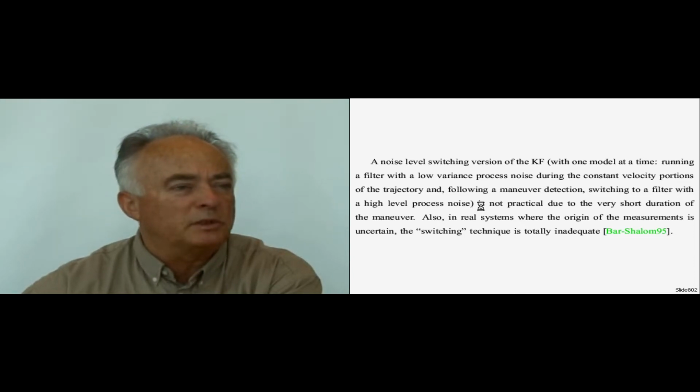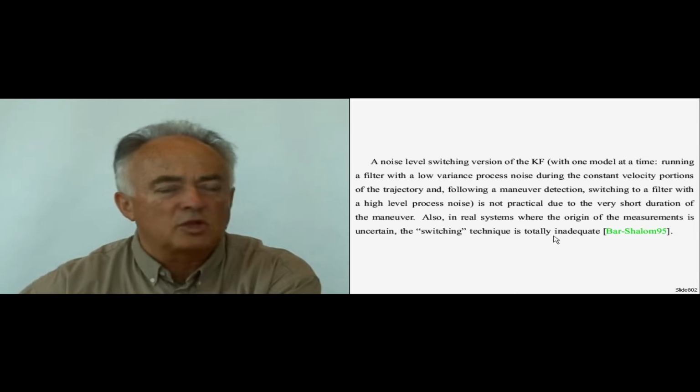However, this is not practical because we have a very short duration of the maneuver. Now, in this system, there is another problem. The origin of the measurements is uncertain, and the switching technique, this is the hard switching technique, is prone to making errors, so it is inadequate.